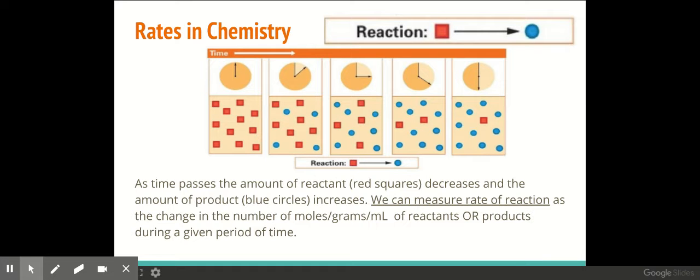We're going to be using some diagrams, and here we're showing the reaction where the red squares are the reactants and they are forming the blue circles. As time passes, the amount of reactants, the red squares, decreases, and the amount of product, the blue circles, increases.